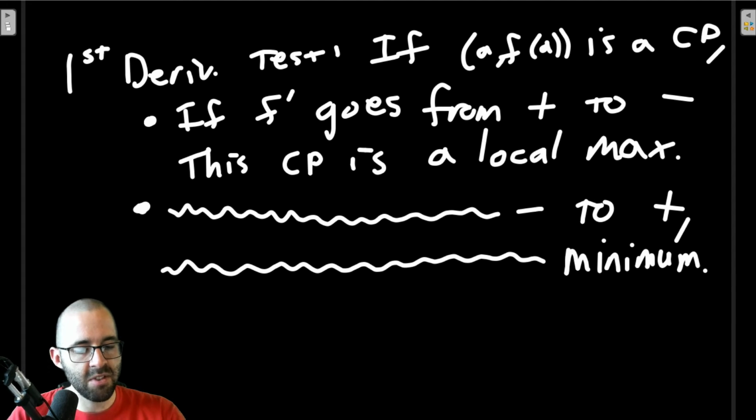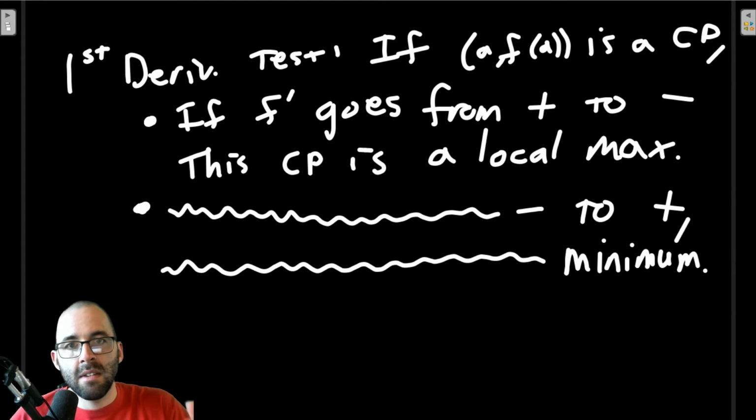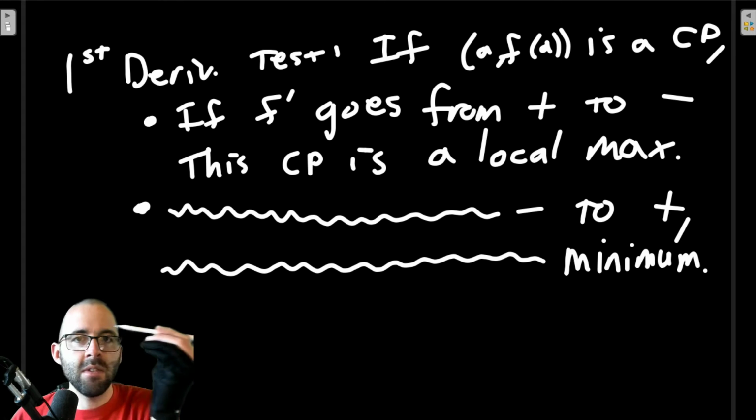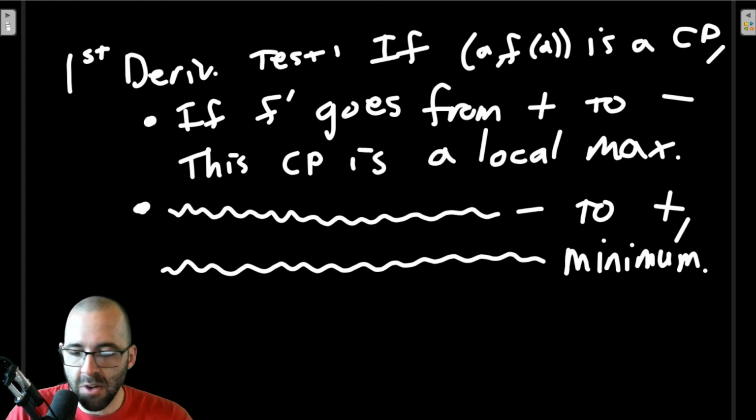The squiggles just mean what we've written above, so we save ourselves a little writing. So we can just look at how the sign changes to find local extrema as long as the point has either a derivative that equals 0, so it goes flat, or the derivative is undefined. We'll want to look at that case too.